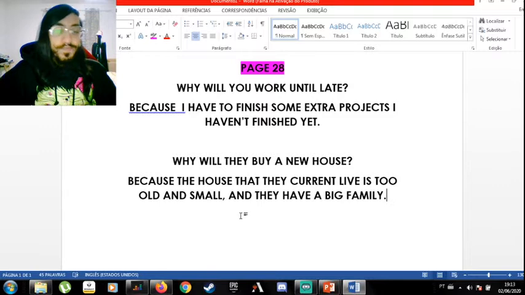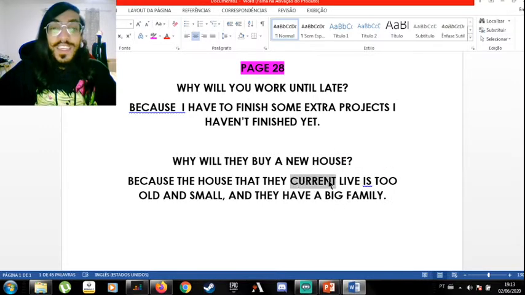So why will they buy a new house? So the reason is because the house that they currently live in is too old and small, and they have a big family. So I think that the word current is different for you. When I say current, I'm talking about, in Portuguese, atual ou atualmente, okay?